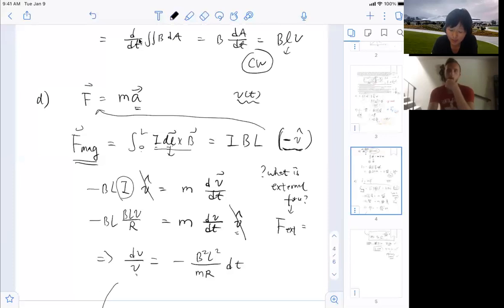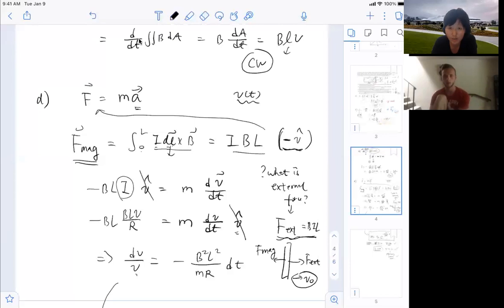Yes, it will be equal to your magnetic force, because only when your external force balances out the magnetic force is it possible to move with a constant velocity with 0 acceleration. So if it's constant velocity, the required external force has to be equal to whatever magnetic force the bar is experiencing.